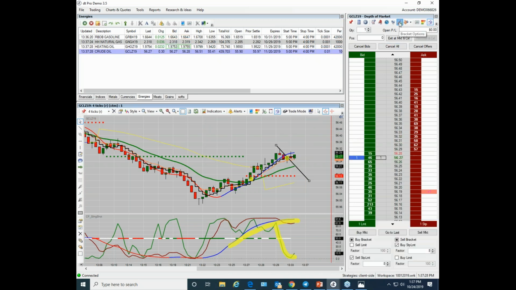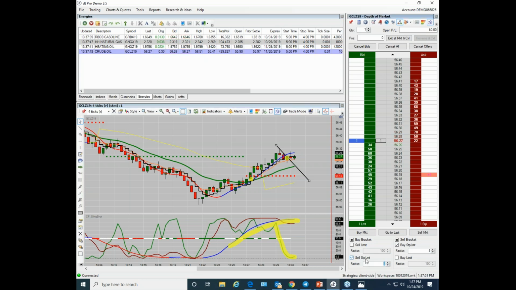Notice the bracket is selected. Notice the buy stop and the sell stop is checked off, and the factor is 8. How do I get it to 8? Right-click over the word sell stop, factor in ticks. Right-click over the word buy stop, factor in ticks. Just make it look like an 8.